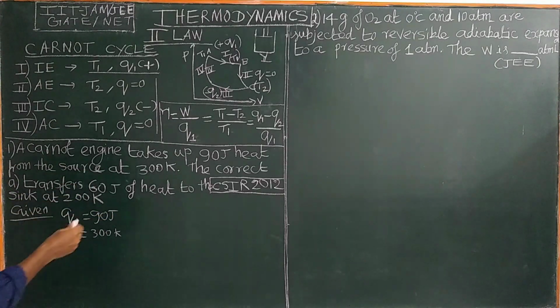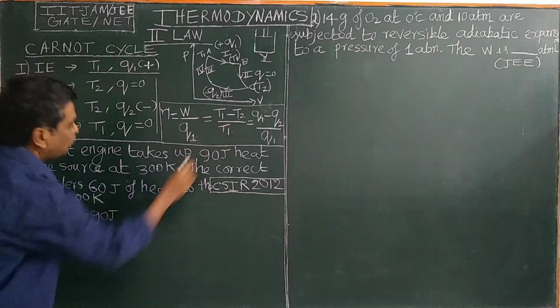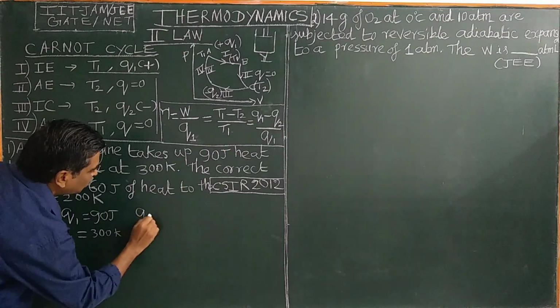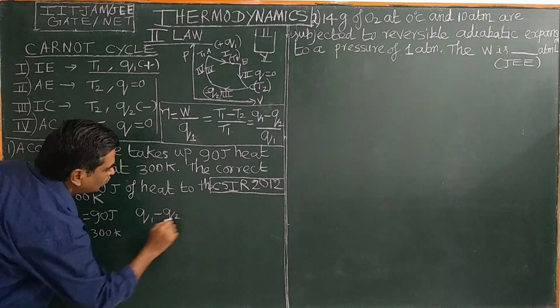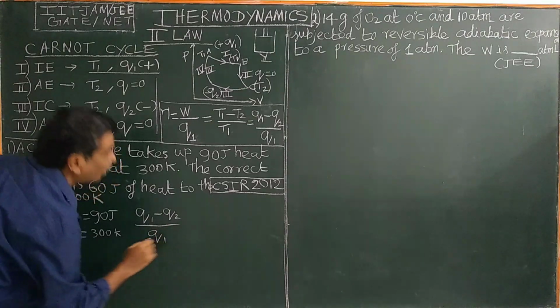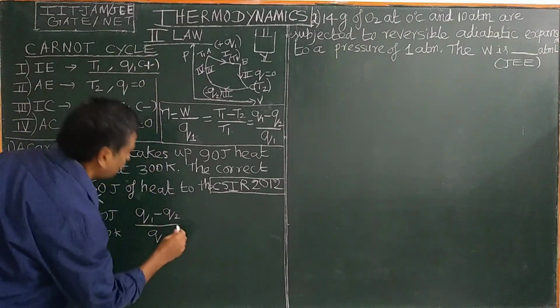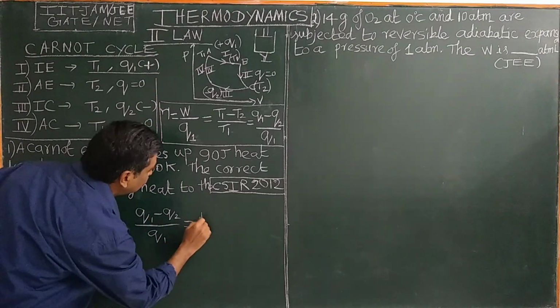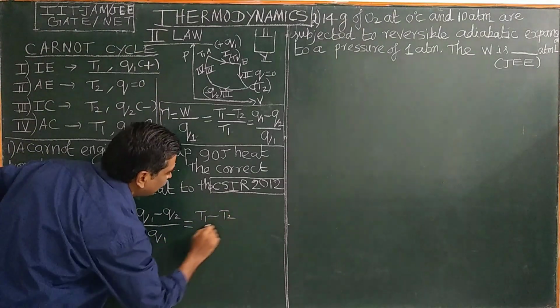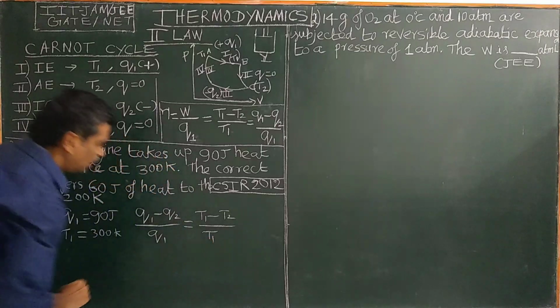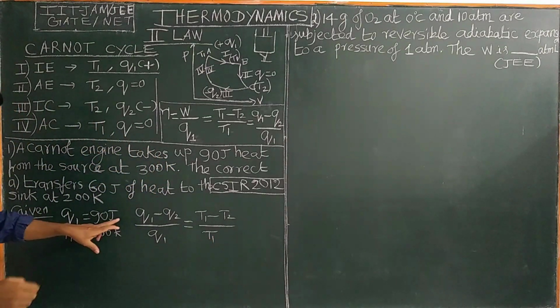Which one is correct? Therefore, you can write Q1 minus Q2 divided by Q1, according to the efficiency of the Carnot cycle. From the Carnot cycle, you obtain Q1 minus Q2 divided by Q1. Now, what is Q1?